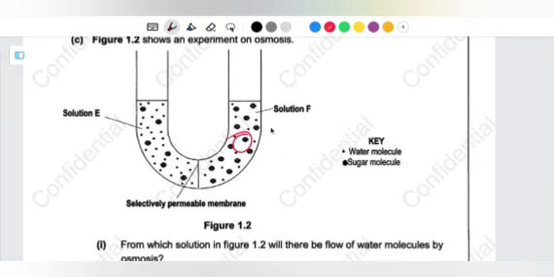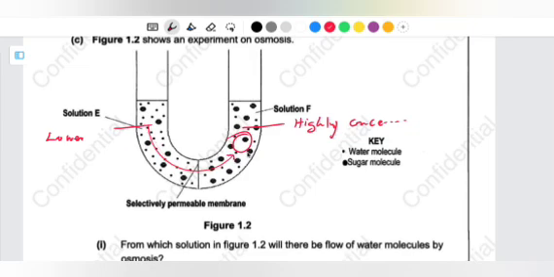So this solution here is highly concentrated because it has solutes. Then this one is low concentrated because it doesn't have a lot of solutes. So as you can see, the water molecules are going to move from this side here, passing through the semi-permeable membrane, then entering this solution here. That is one thing that you need to know about this one.